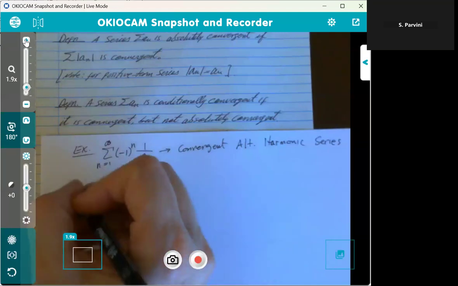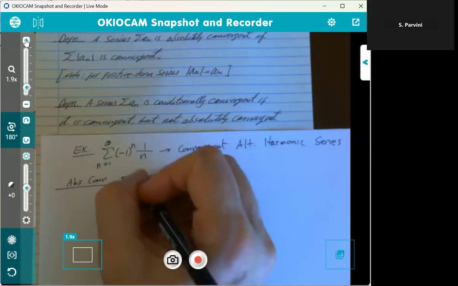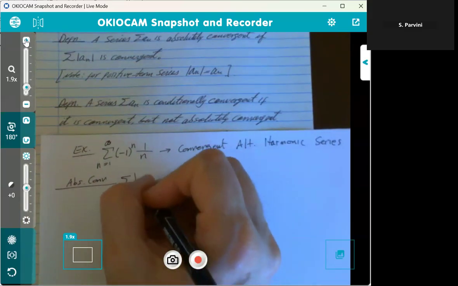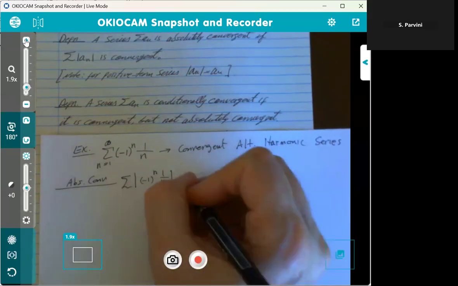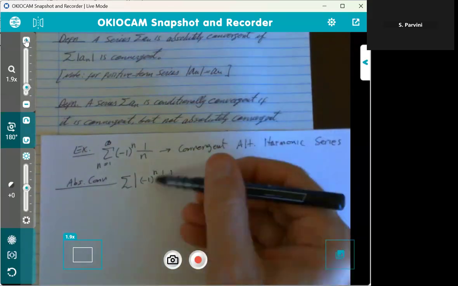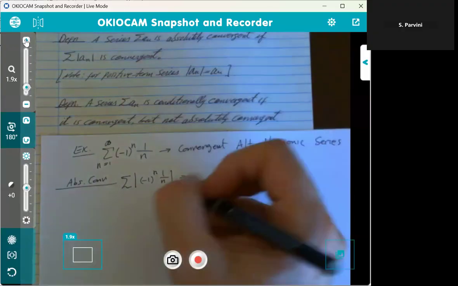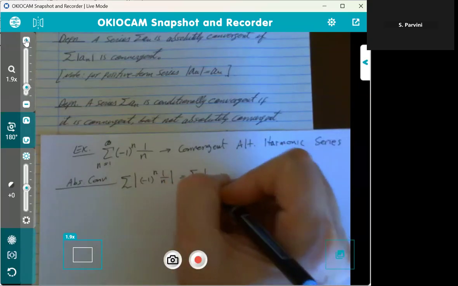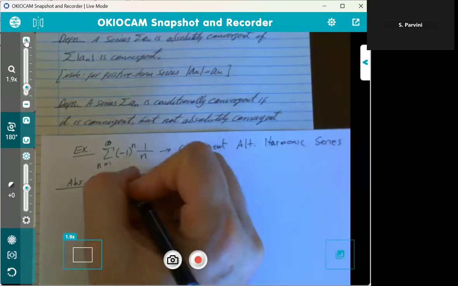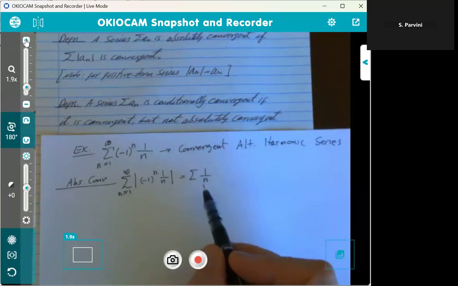Now, let's take a look at absolute convergence for this series. That means I need to take the absolute value of (-1)^n times 1 over n. The absolute value of (-1)^n will just eliminate the sign, so it becomes positive, and the absolute value of 1 over n is simply 1 over n because the sum goes from 1 to infinity, so these terms are positive anyway.